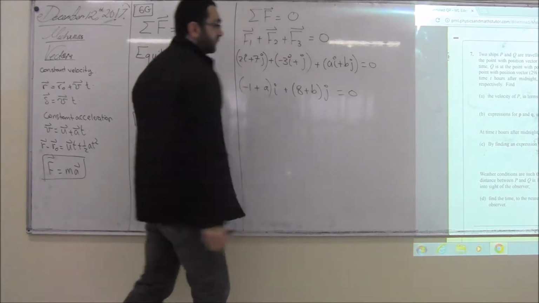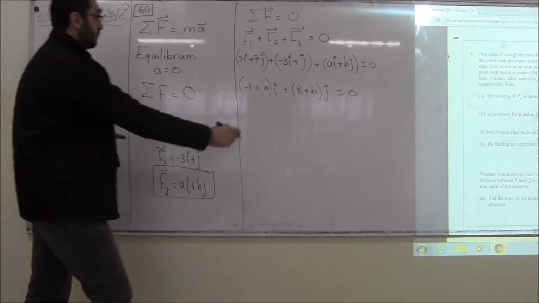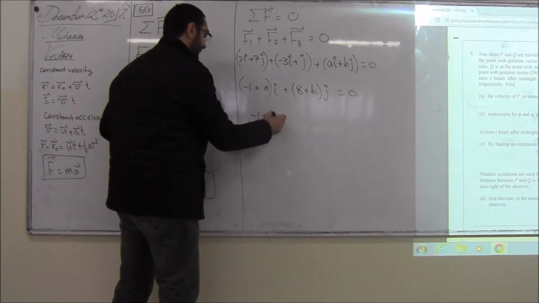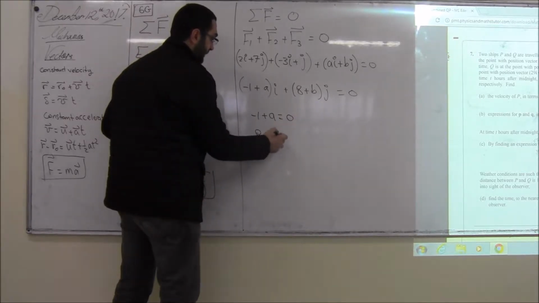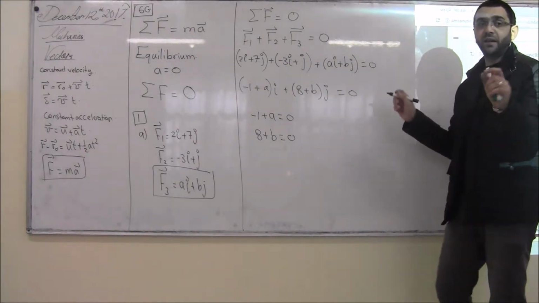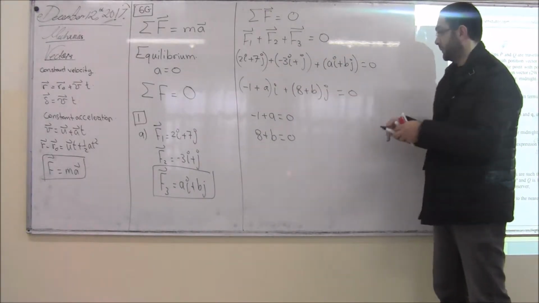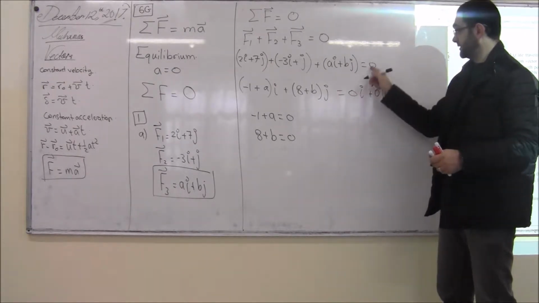That equals 0. For this equation to be satisfied, minus 1 plus a is 0 or 8 plus b is 0. In order to understand this very well, I may write 0 as 0i plus 0j. Can I rewrite 0 this way?